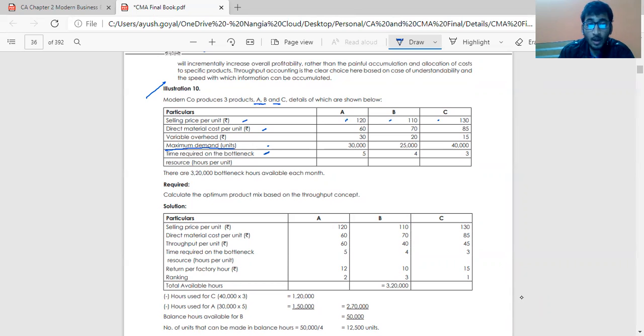The time required on the bottleneck is also given. There are 3,20,000 bottleneck hours available each month.